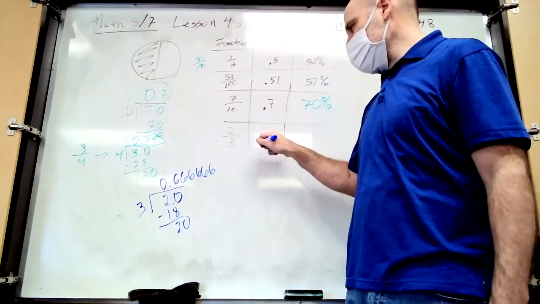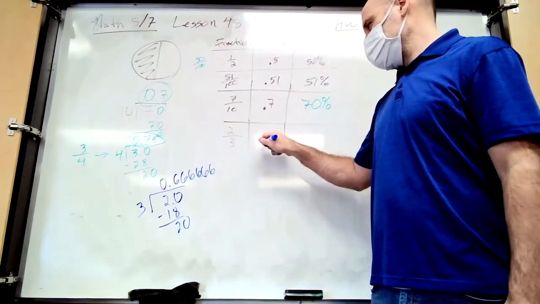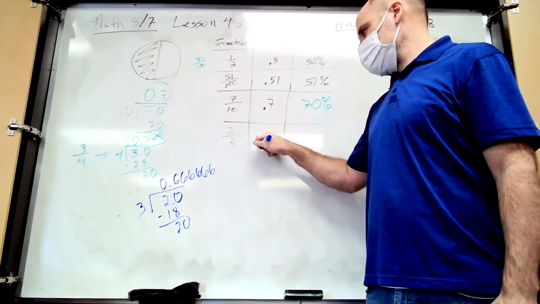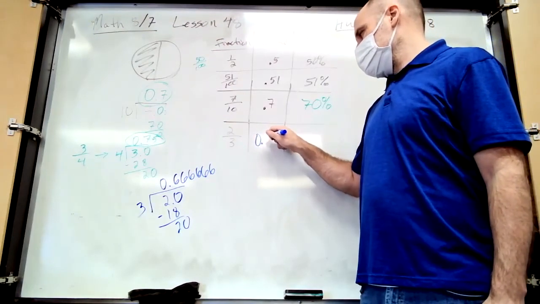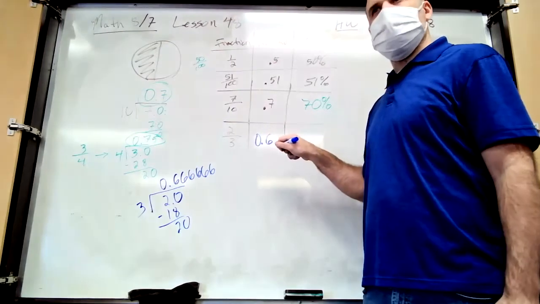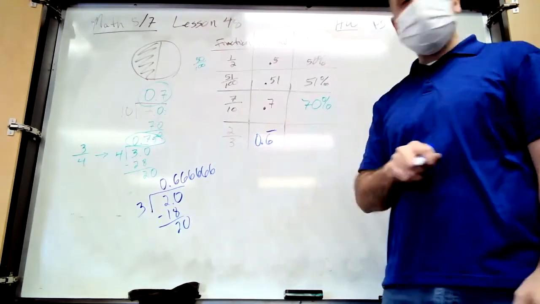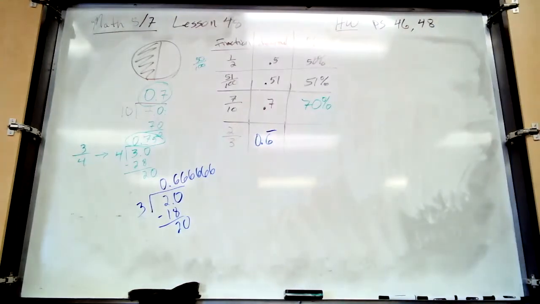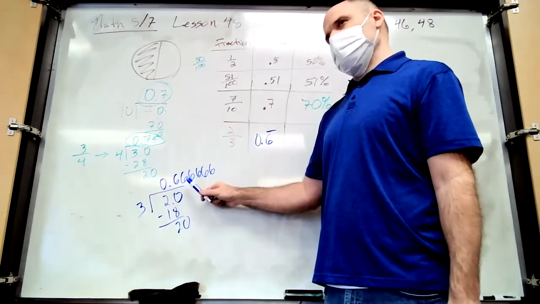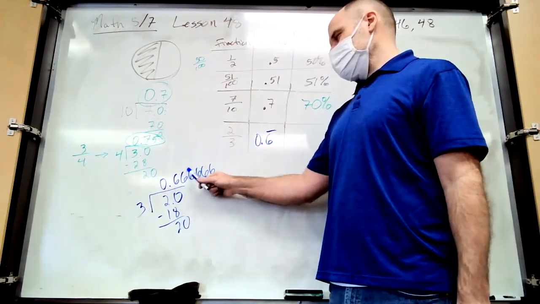So how do I write that? 0.6. No. Adeline? With the line over it. Yes. Repeating decimal, right? Wait, but I thought it was 6, 6, and then the line over both of them. No, because it's the one 6 that repeats.